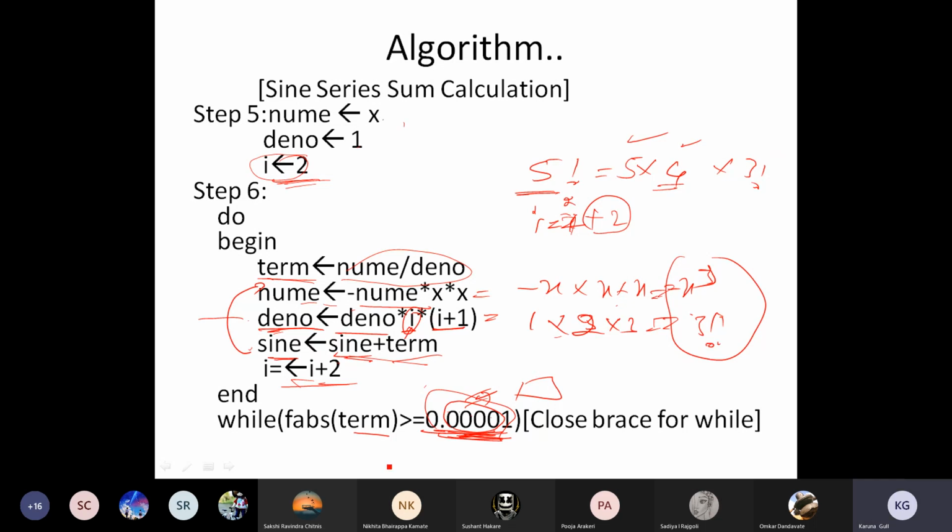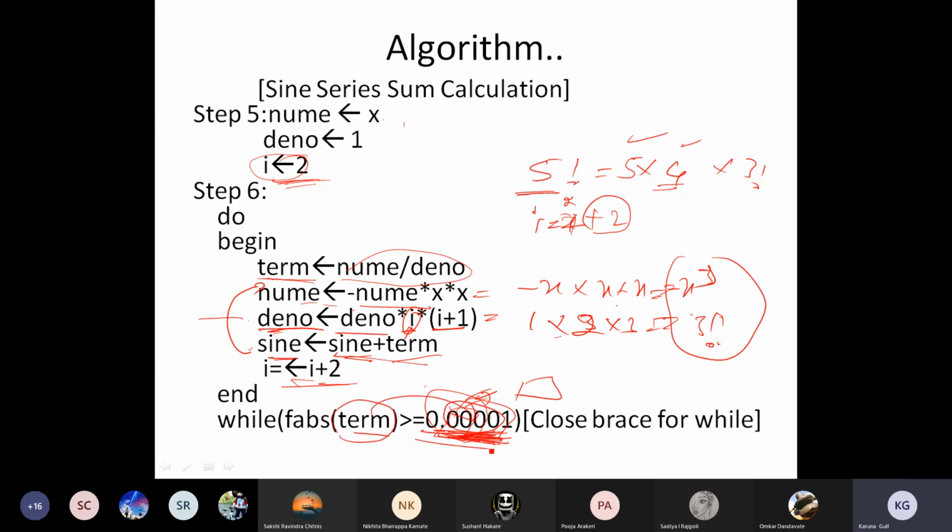How much accuracy? I'm interested in a minimum of 4 digit accuracy. It is left to you whether you want 2 digits, 3 digits, or 4 digits of accuracy after the decimal point. Until then, you can take that value.